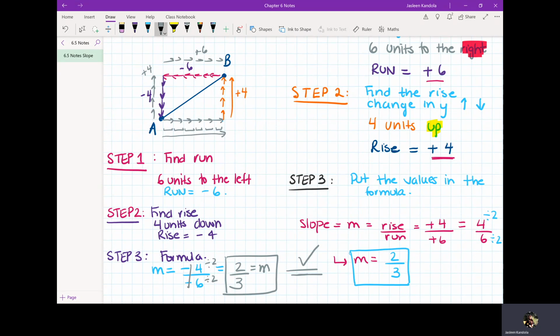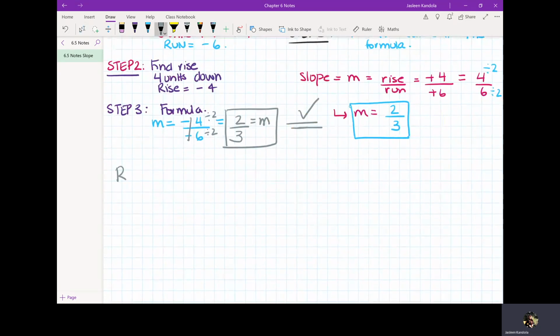For run, if you go to the left, that means you have a negative run value.